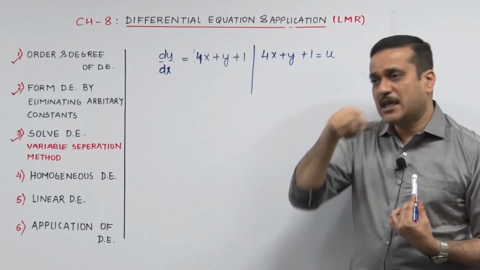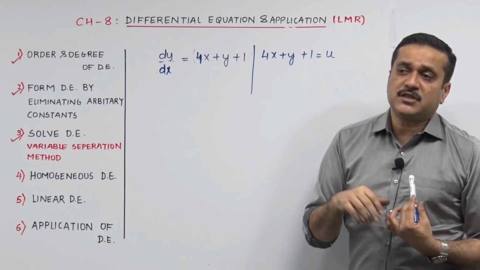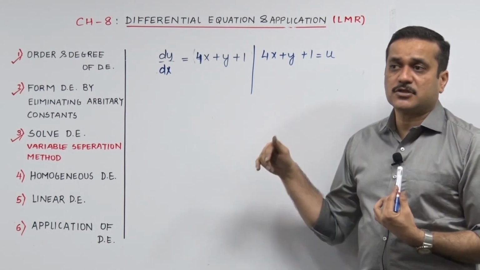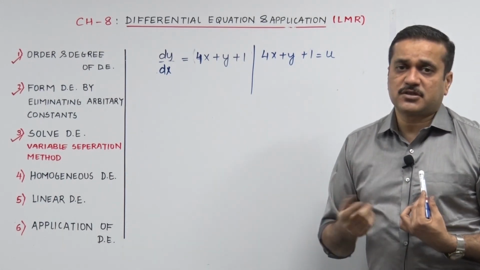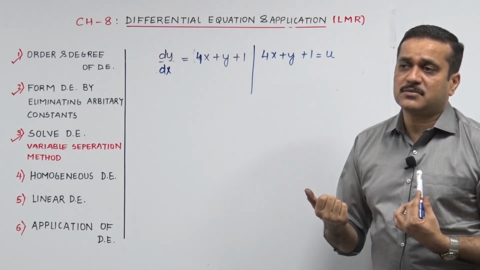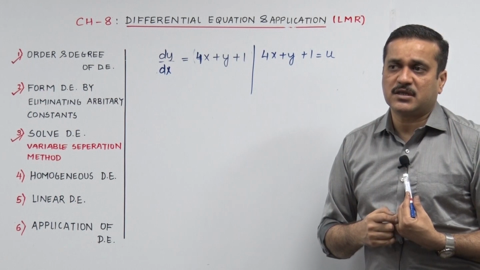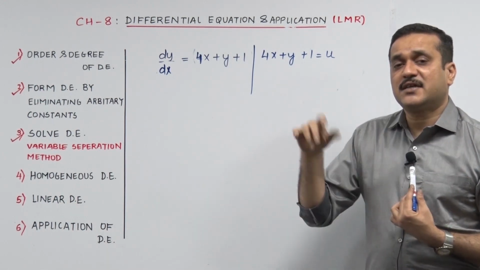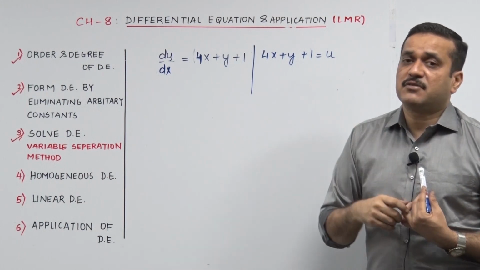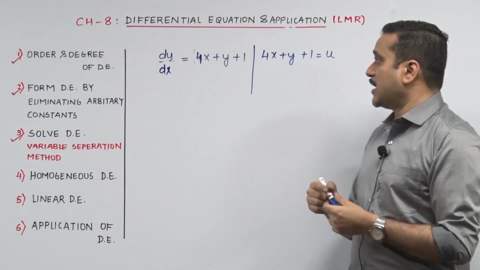Yes sir, you just gave us a few examples, a few sums wherein this was very clear. The differential equation we are solving in the heading of 3 contains dy by dx, the first order derivative, x ka terms, y ka terms, and then we try to get dy by dx on the floor and the entire process, variable separation method. After substitution, the differential equation takes this new shape. The differential equation now contains du by dx, u ka terms, x ka terms. Now check.